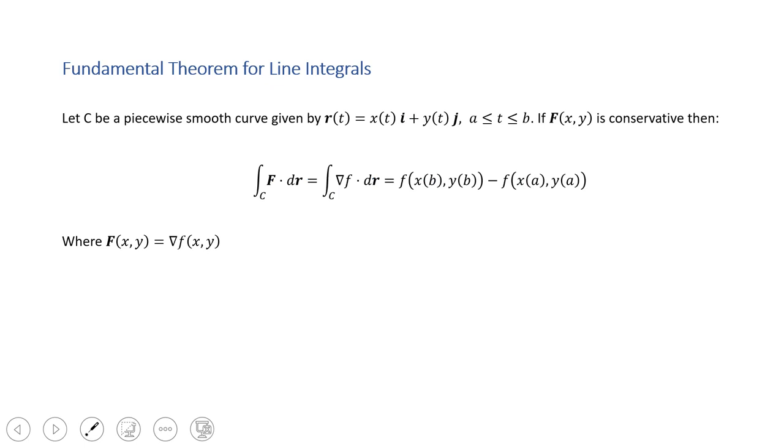But what I really want to focus on in this section is what's called the fundamental theorem for line integrals.